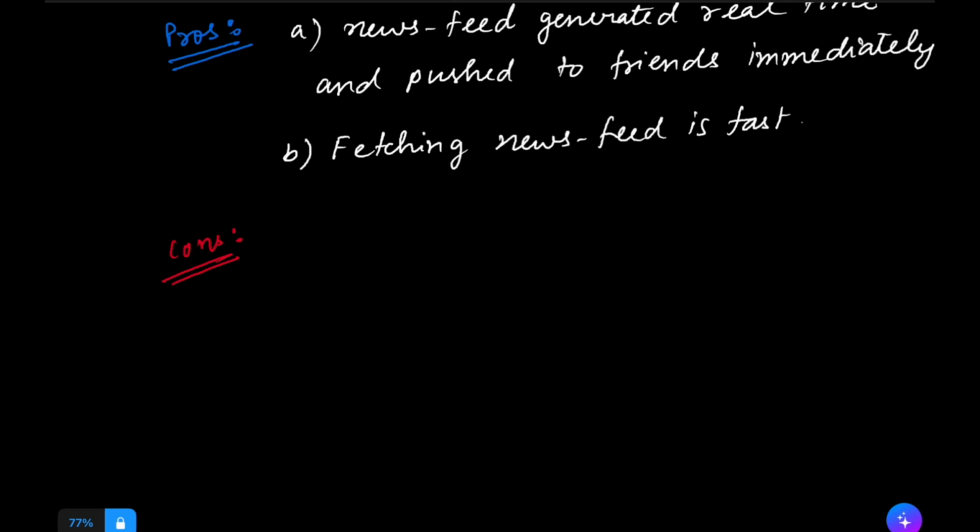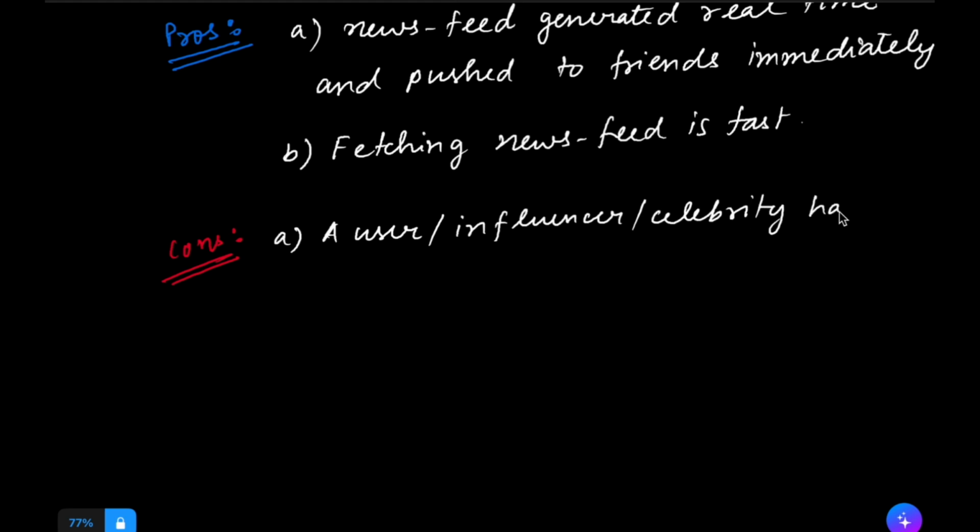So this is also termed as, let's write down and we will introduce the term. Suppose a user, or I would say an influencer or a celebrity, has many friends.